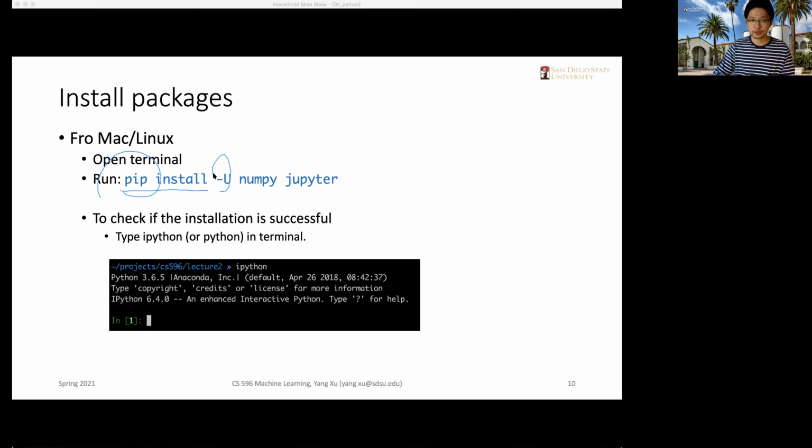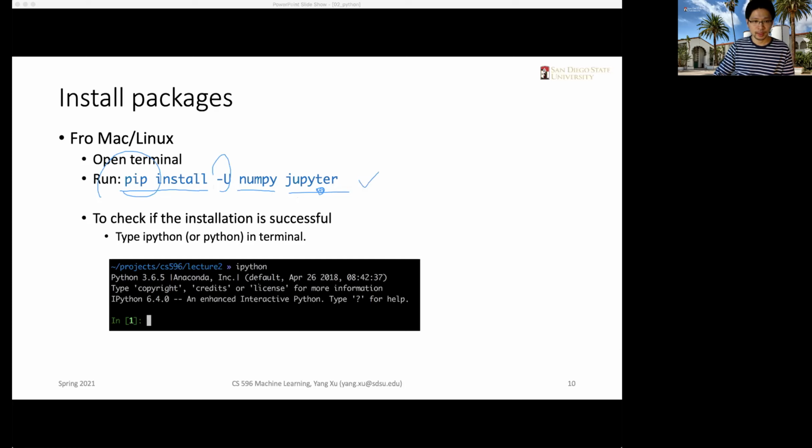The -u is for upgrade. If you already have Numpy, it will upgrade Numpy for you. So you can install Numpy and Jupyter. Jupyter is a package that provides the Jupyter Notebook that all of our assignments will be based on. So these two packages are necessary. You need to install them successfully on your system.